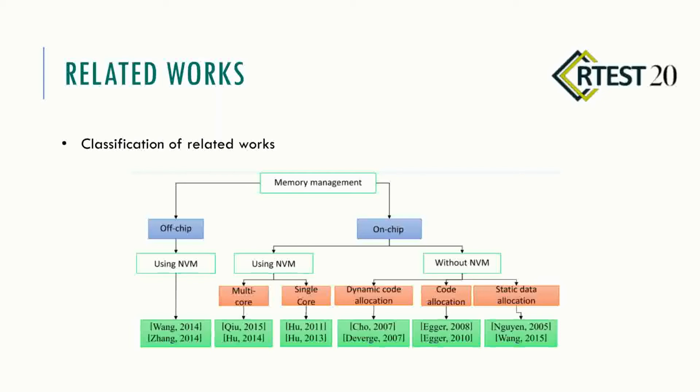Some focus on using NVM as part of on-chip memory, and some don't use NVM. We can also classify them by their target embedded systems. Some work on single core embedded systems, some on multi-core embedded systems, and they also have static or dynamic allocation, or they focus on code allocation or data allocation.